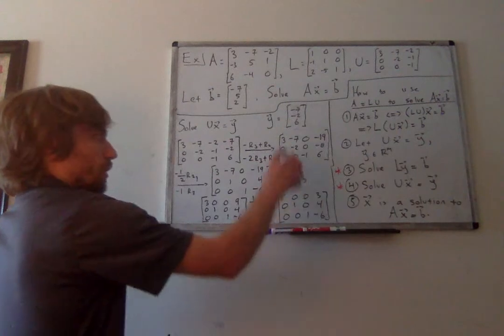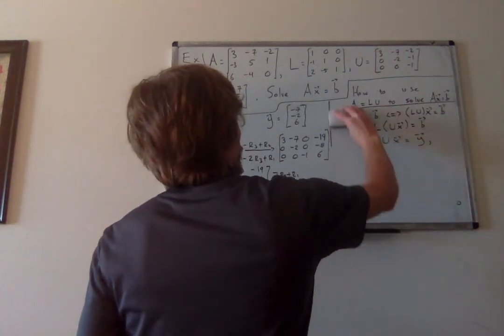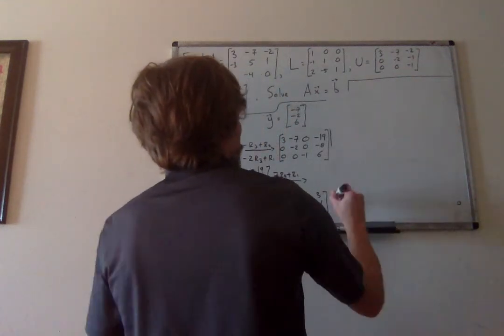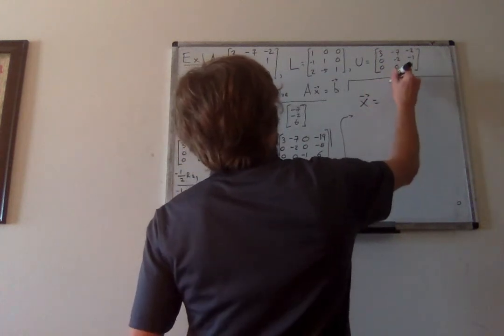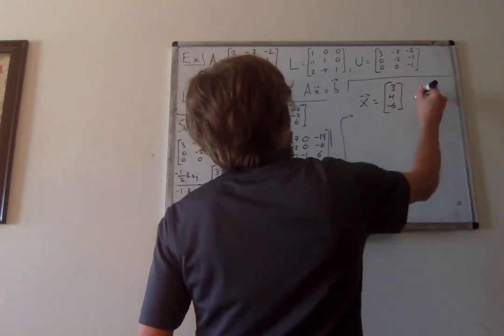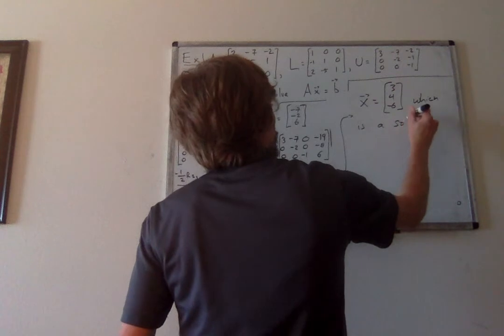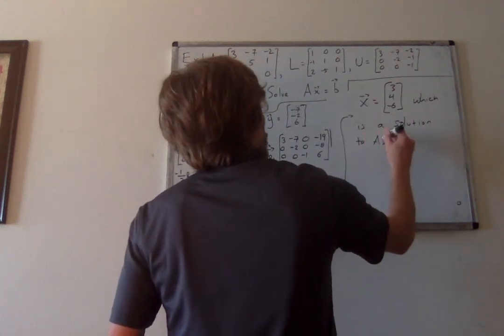So what I'm going to do now, just to write it out fully, I'll erase the algorithm. So this corresponds to a solution vector x equals 3, 4, -6, which is a solution to Ax equals b.